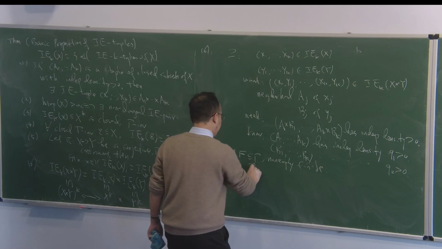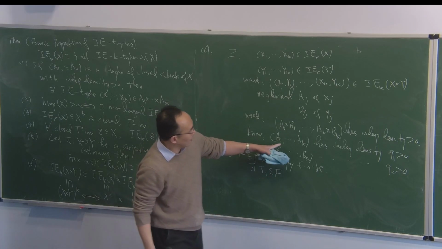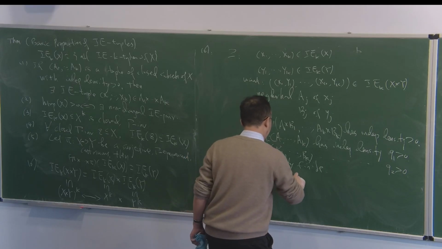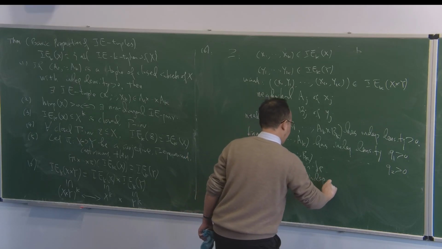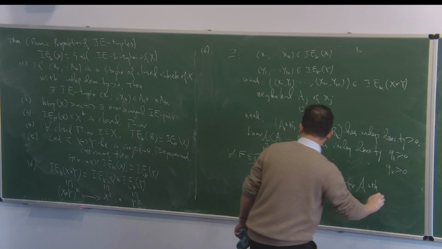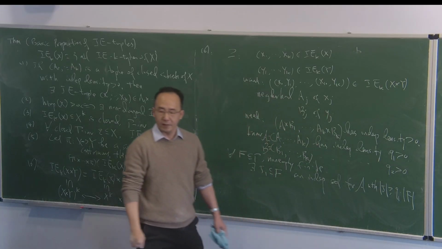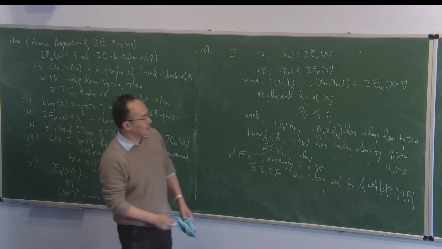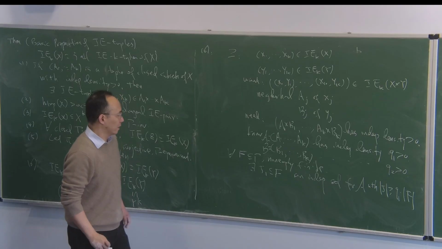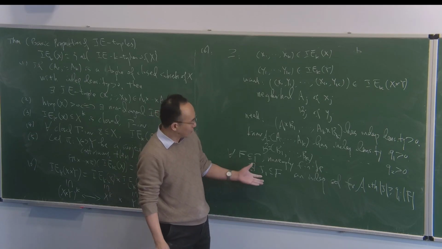First of all, we find J1 inside of F being an independence set for these, and we can make the size to be at least Q1 times the size of F, from the definition of independence density as the infimum for the density. Now we concentrate on J1.